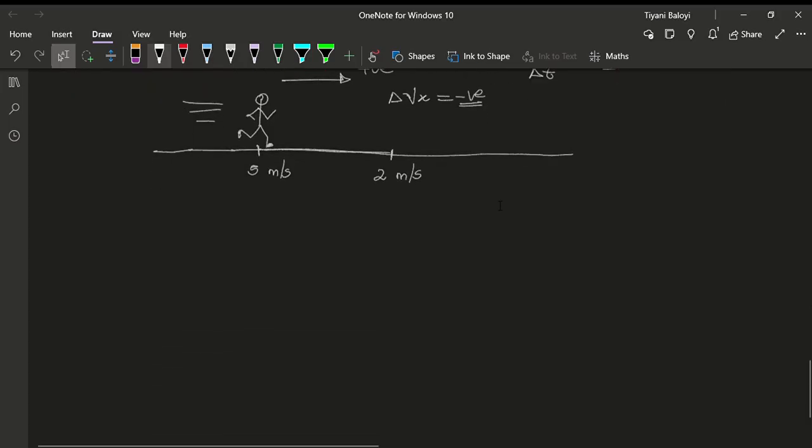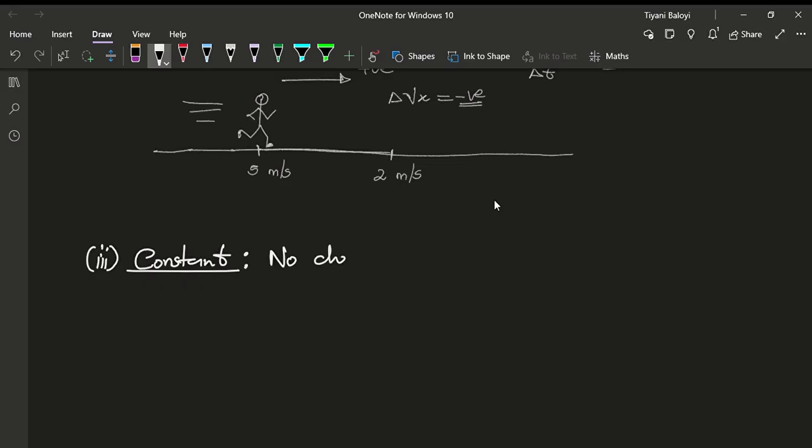So let's look at constant velocity. We looked at positive and negative acceleration, but what does constant mean? Constant velocity is when you have no change in velocity.